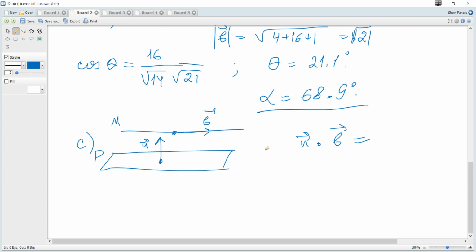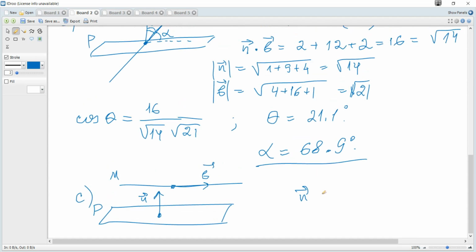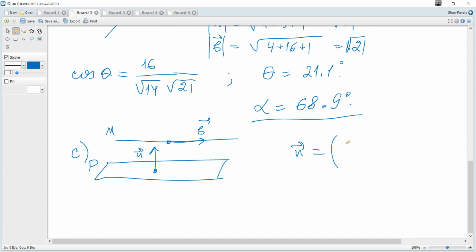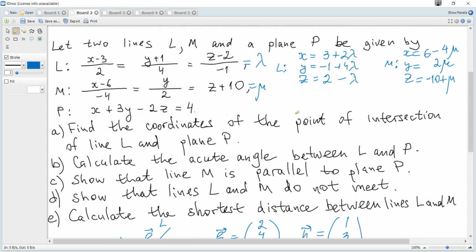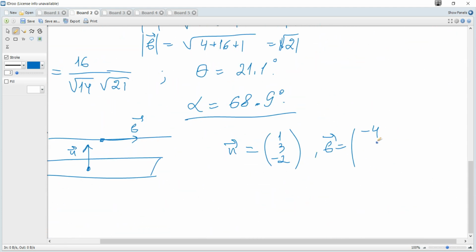So we should consider the dot product of n, it's the same 1, 3, negative 2, and the direction vector of M, it's negative 4, 2, 1.